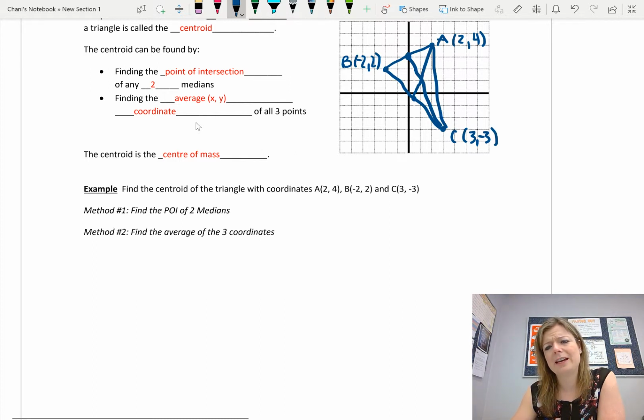It would be 2.5, 1/2. Okay, and you should see the centroid is right there at 1, 1. Okay, this is the midpoint of AB. This is the midpoint of BC. And this is the midpoint of AC.